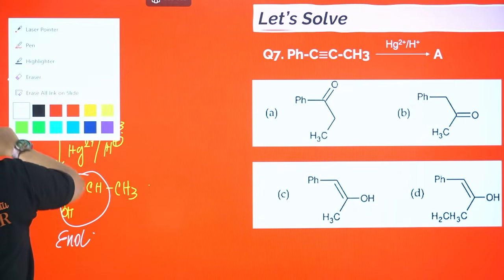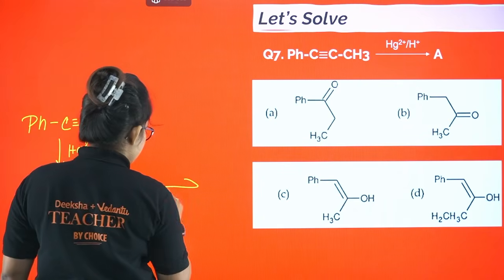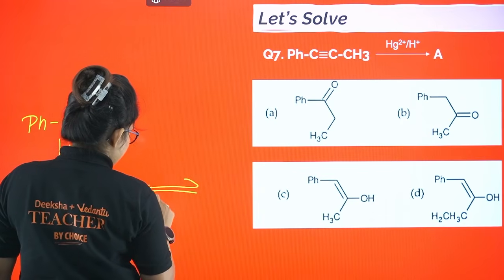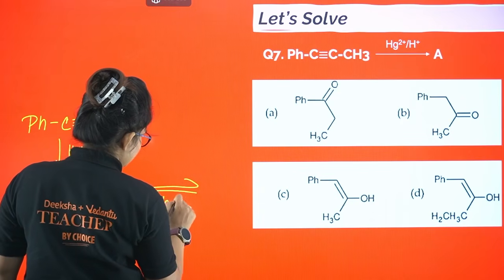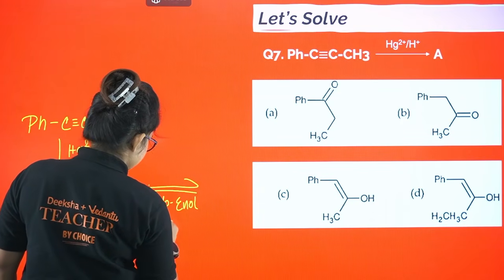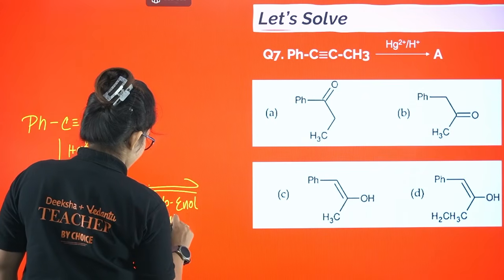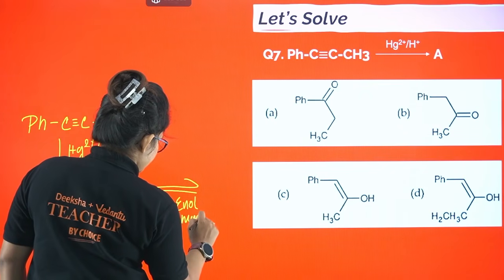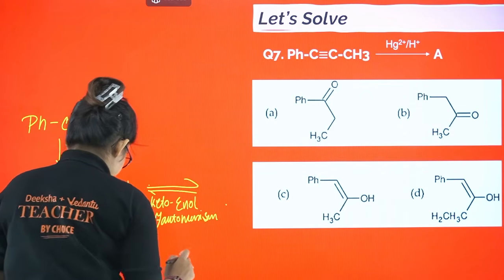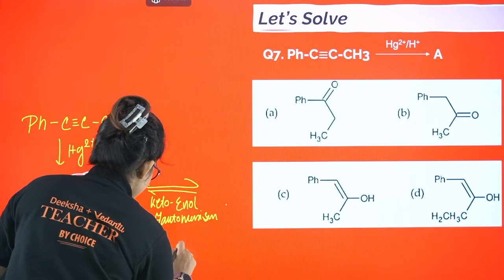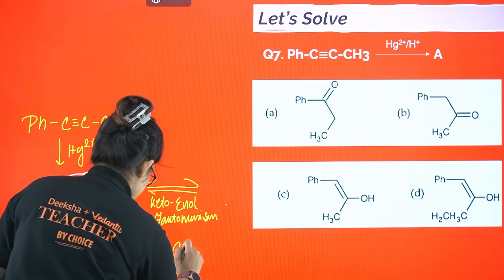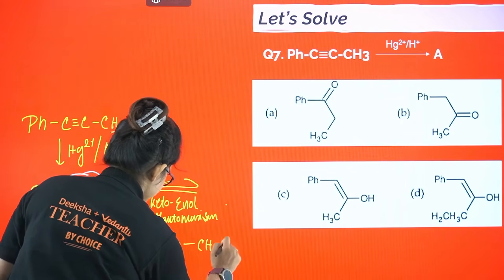Enol will further tautomerize to give you the keto form. So I can write keto-enol tautomerism. Keto-enol tautomerism will give you Ph C double bond O CH2 CH3.